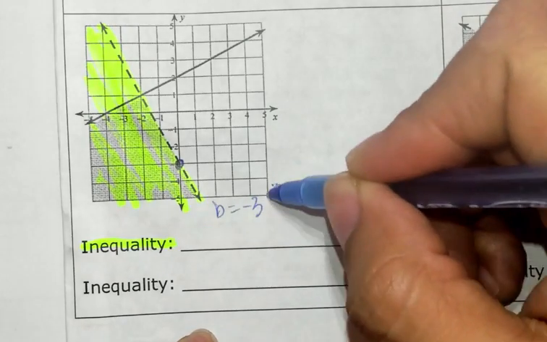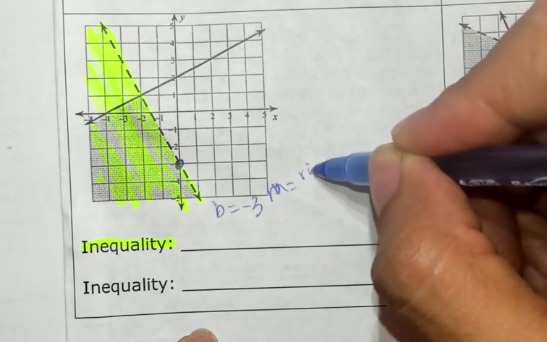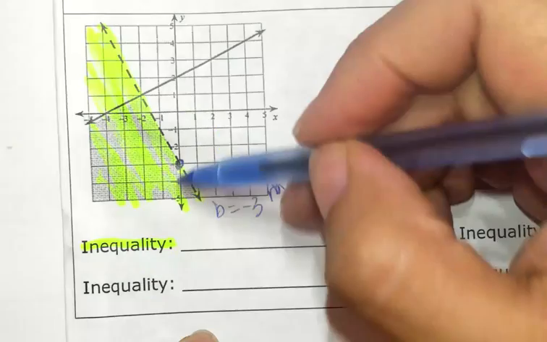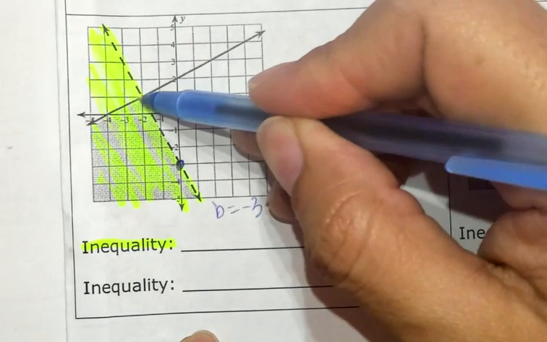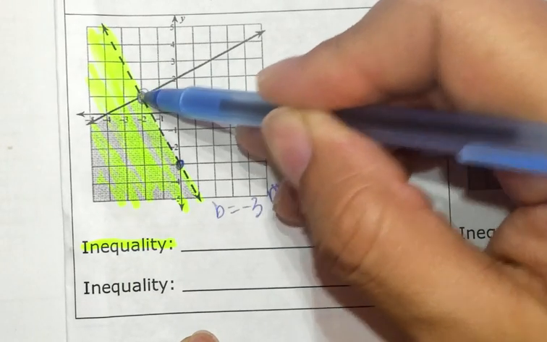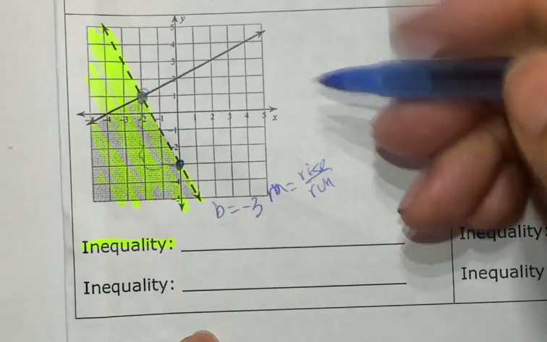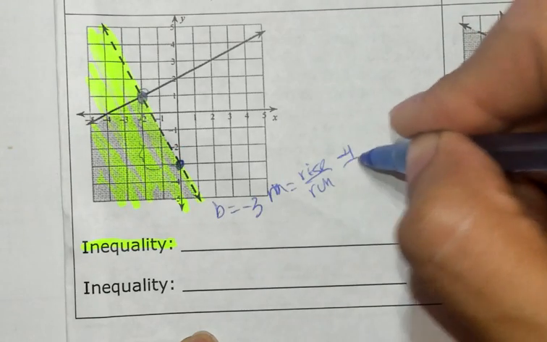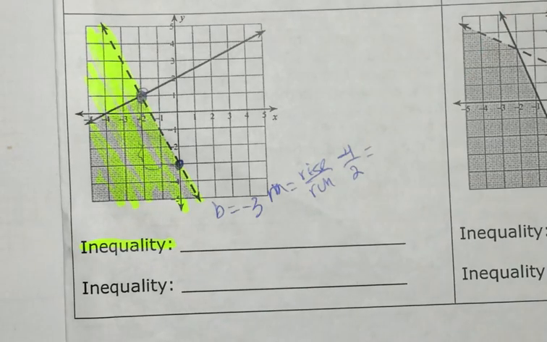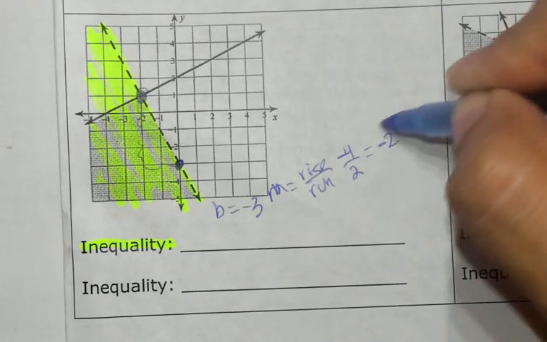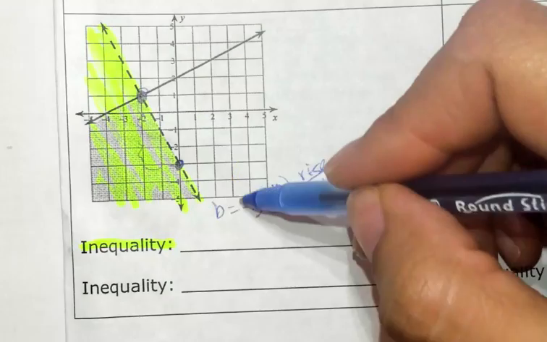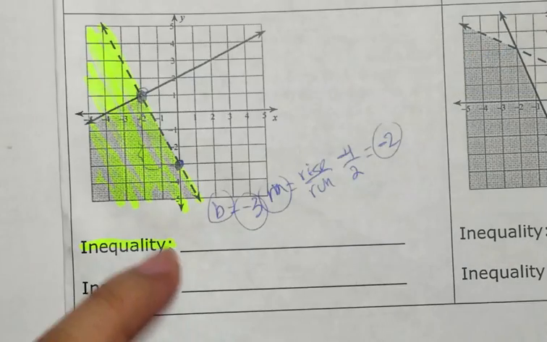The slope for that inequality, following the rise over run ratio, uses this point and this point right here. So let's do 1, 2, 3, 4 down and 2 across. So -4 and 2. -4 divided by 2 is -2. So the slope is -2. -3 is the b value.